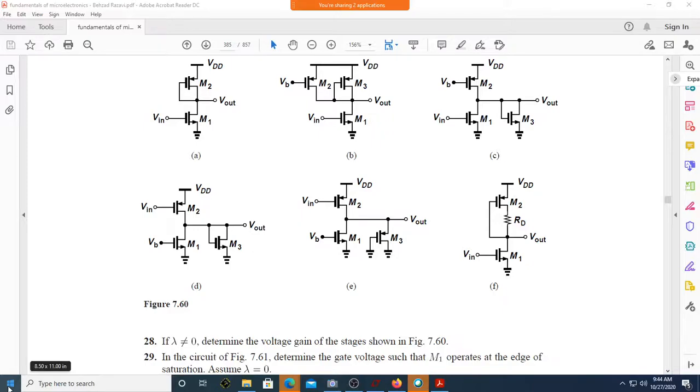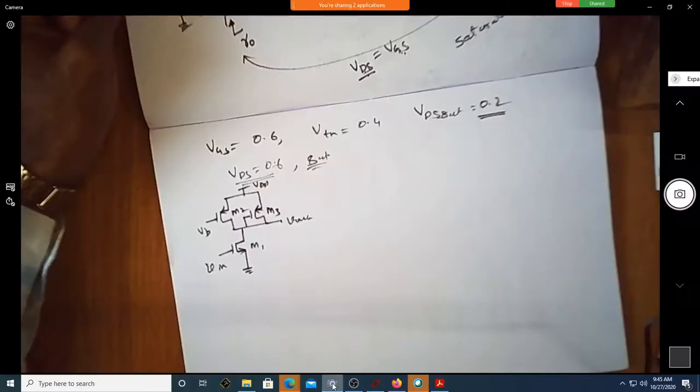Now it is purely from your textbook only, so you should not feel left out. Sir is doing from so many other sources, we don't know where the source is. Now the source is the textbook. Let me share the camera with you people. This is the circuit.